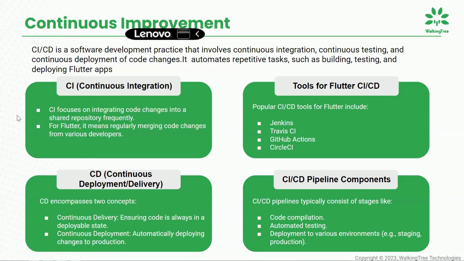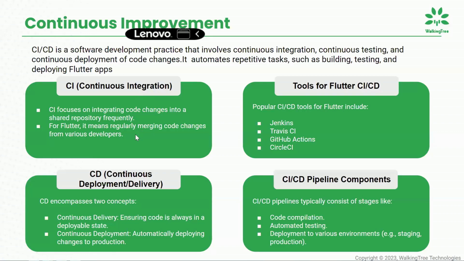Now, CI/CD, as you see, are two different terms. CI is continuous integration, which focuses on integrating new code changes into the existing repository, the existing release or existing product. For Flutter or any development, it is about regularly merging code changes from various developers.